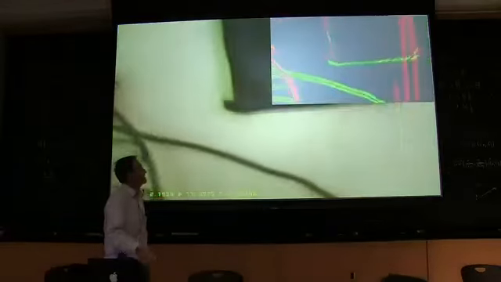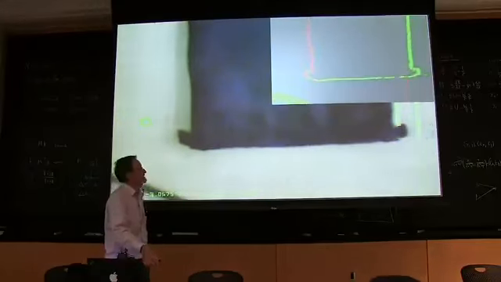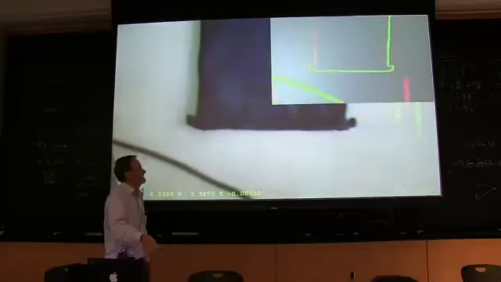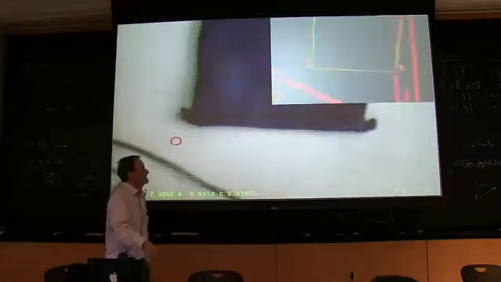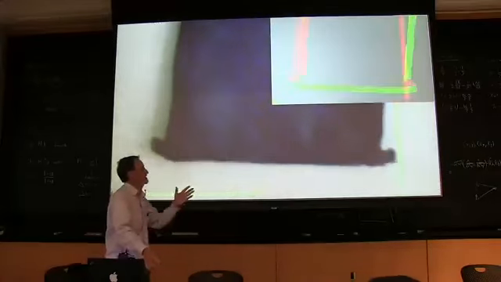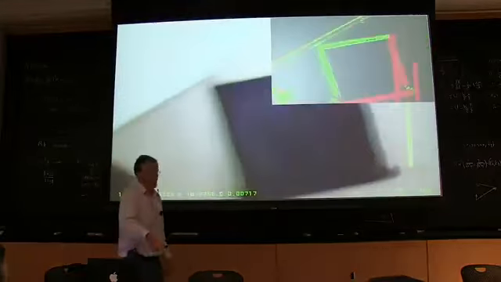Here you can see that in most places, I wish it was running faster because it's very hard to see. In most places, it's now green because I'm moving away from the surface. When I do this, in most places it'll be red. And the reason for the other areas is that it's jiggling back and forth. I'm not a very good manipulator.